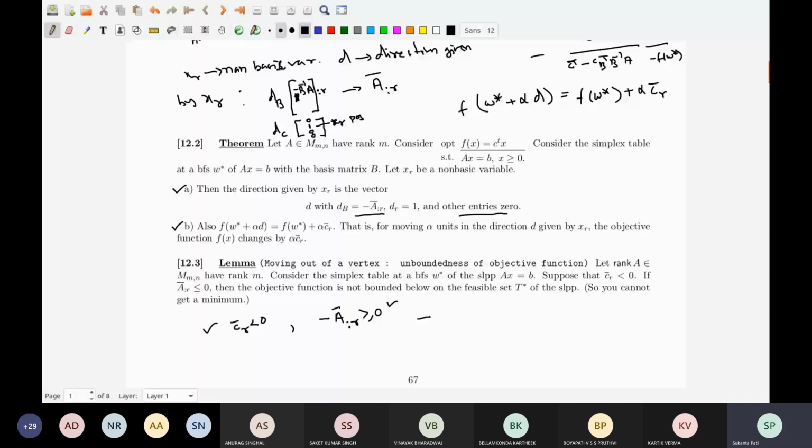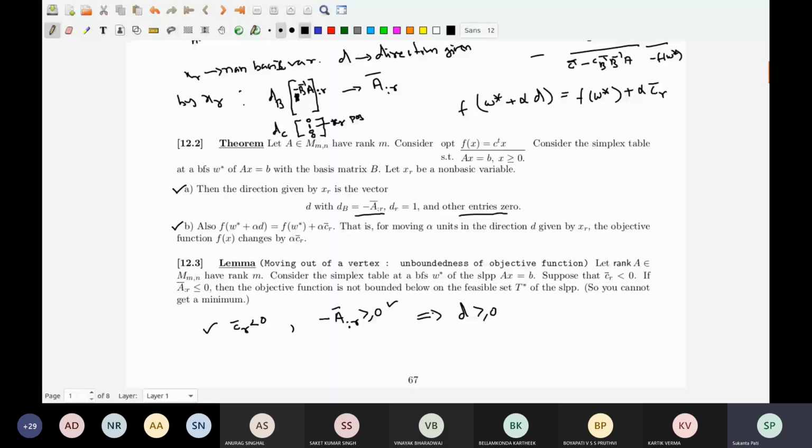Because by definition of D, the B part is the negative of the A bar rth column, and the non-basic part consists of only one entry 1, other entries 0. So the entries of D are greater than or equal to 0.